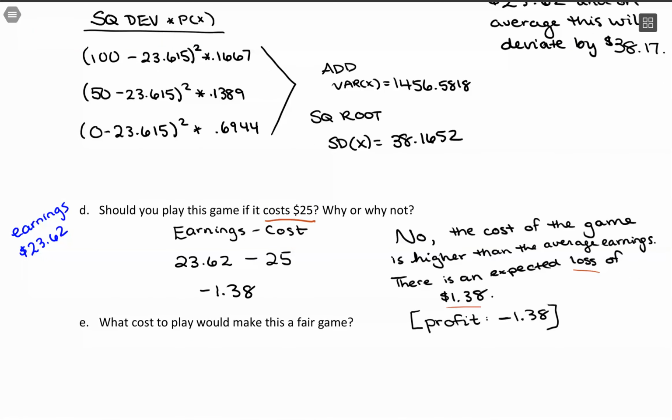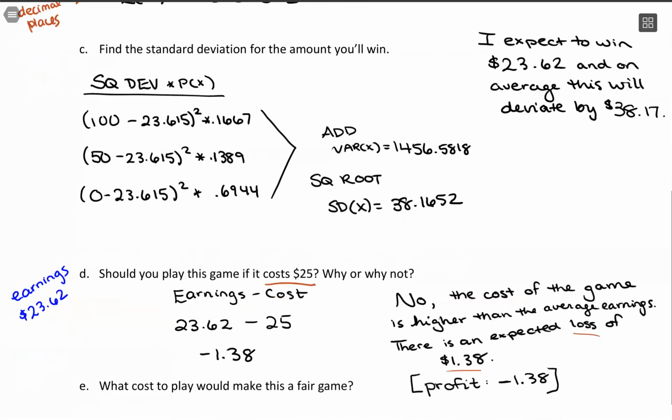So this would be the idea of an unfair game. It's designed in a way with a cost that's higher than the earnings that are expected. So to make an unfair game, all you'd have to do is set a cost higher than your earnings.